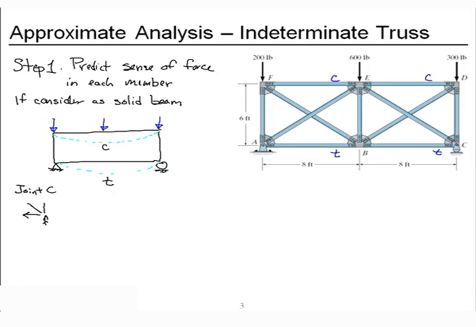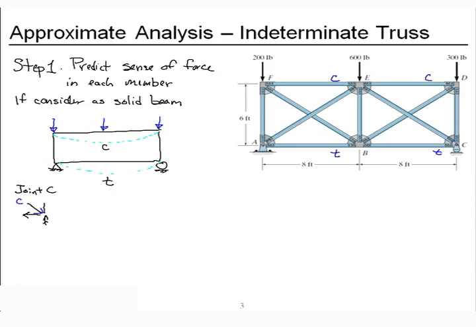All right, so as we look at that, we've got two unknown internal forces. If I consider horizontal equilibrium, there's only two members going horizontally, BC and CE. Well, if BC is going to the left, CE must go to the right. And that means that my diagonal is in compression.